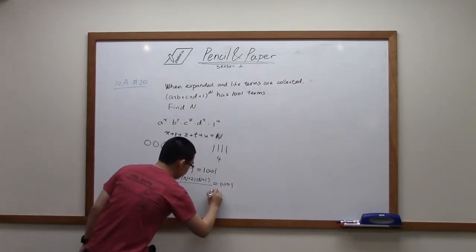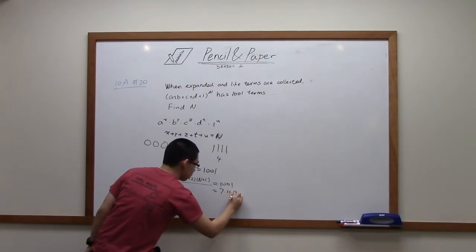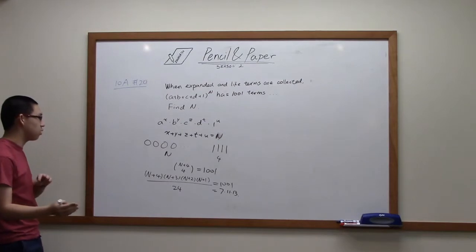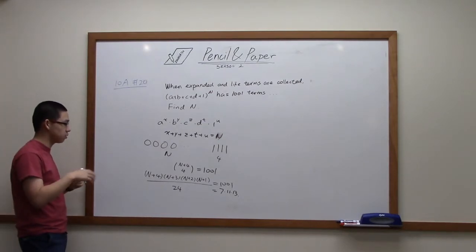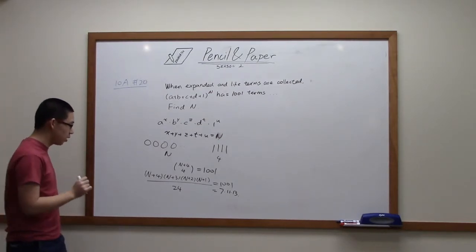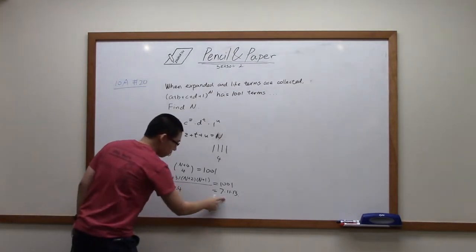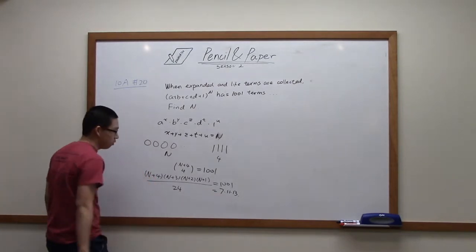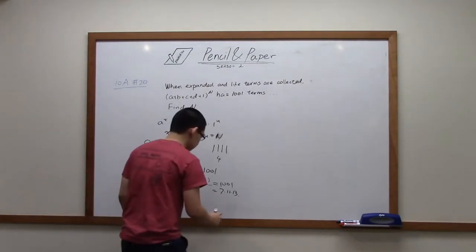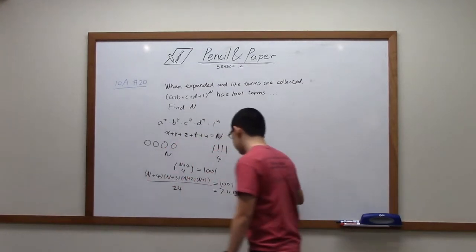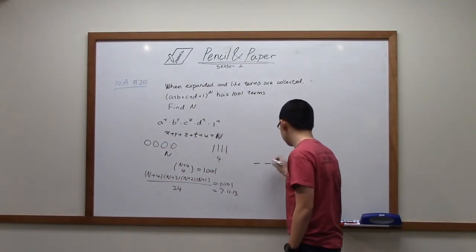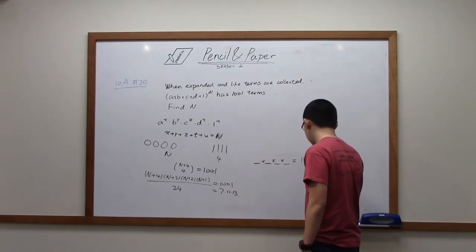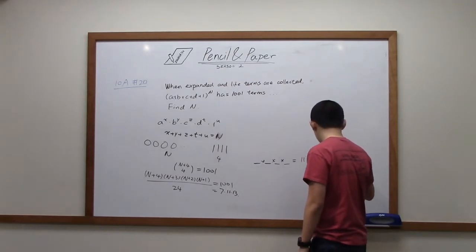We know 1001 is 7 times 11 times 13. So we should be looking at n somewhere between 10 and 14. This must include 11 and 13, and since 7 is here, we probably need to include 14, which means there are 4 consecutive integers that multiply together to 11 times 13 times 7 times 24.